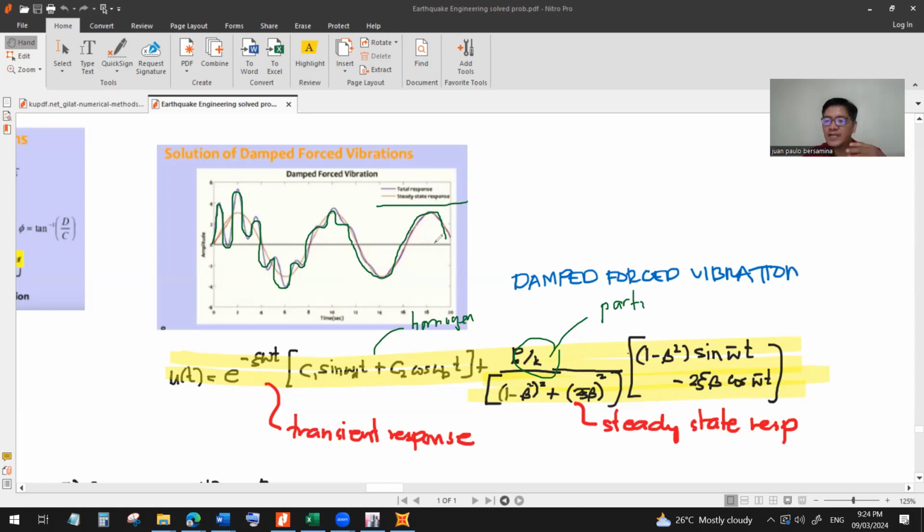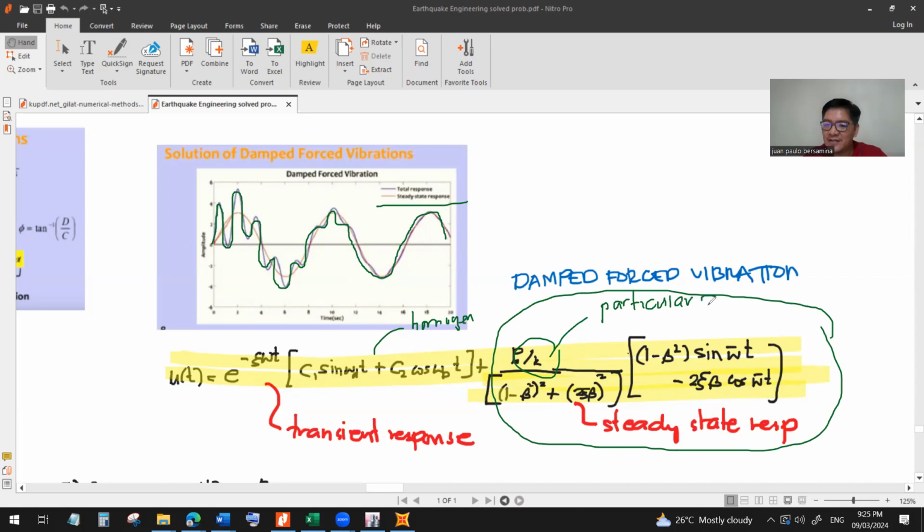So, for engineering purpose, for design purpose, ito yung mas importante, the steady state response or the particular solution. So, yun yung physical meaning of this differential equation. The particular solution is the steady state response, which is the important thing sa ating engineers. Ito yung gagamitin natin sa design.